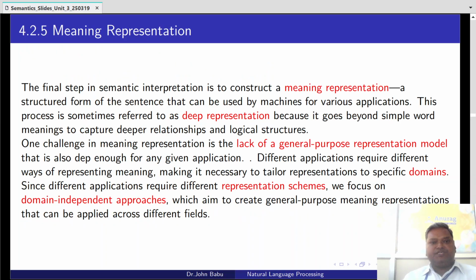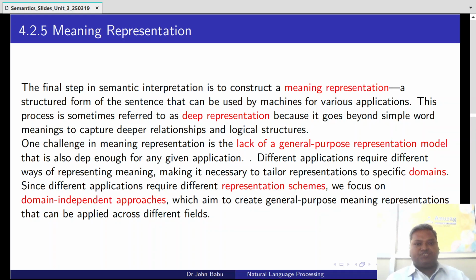And now lastly, meaning representation. This is the final step in semantics: representing the meaning in a format such that it can be manipulated and used by the computer. There are two types of representations: deep representation and shallow representation.